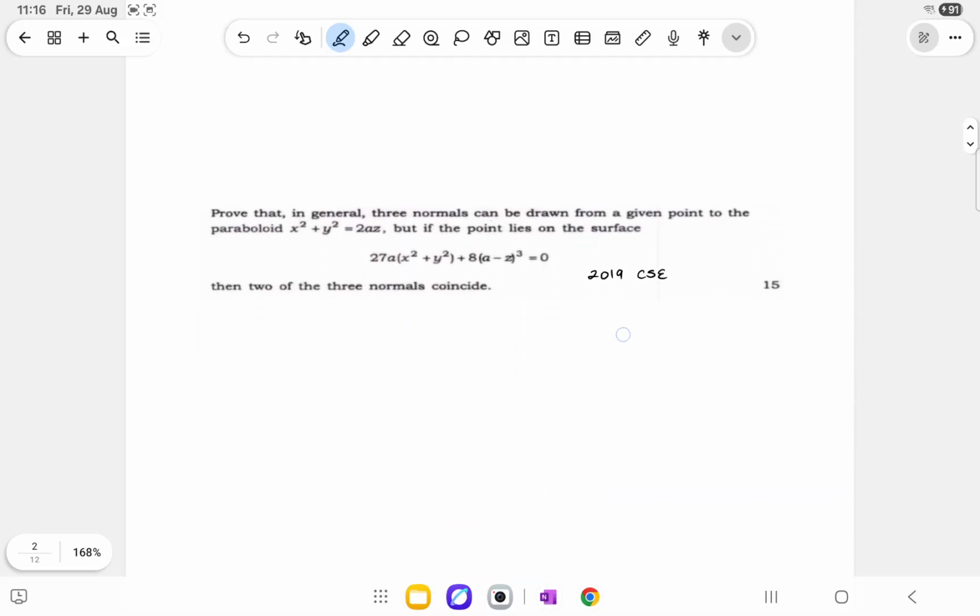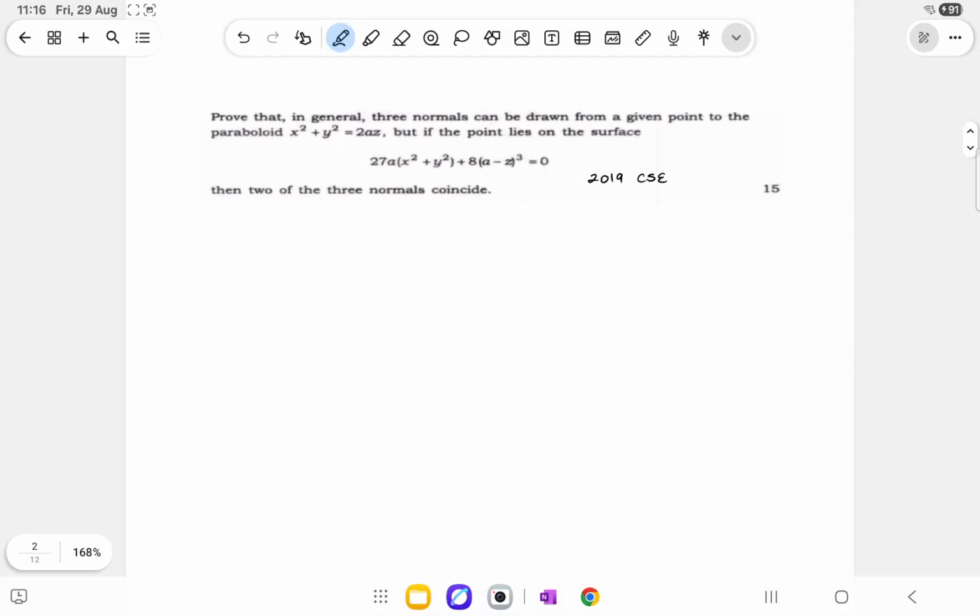Let's move on to the next question. The next question says: prove that in general 3 normals can be drawn from a given point to this paraboloid. They have given us the general equation of paraboloid, x square plus y square is equal to 2az, and asked us to show that from a given point 3 normals can be drawn to this paraboloid.